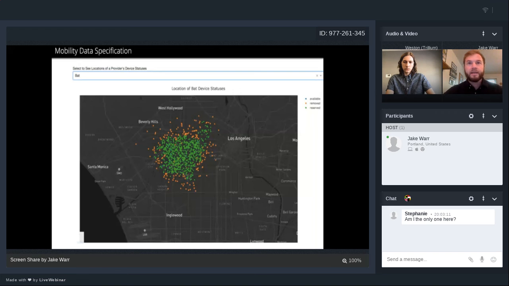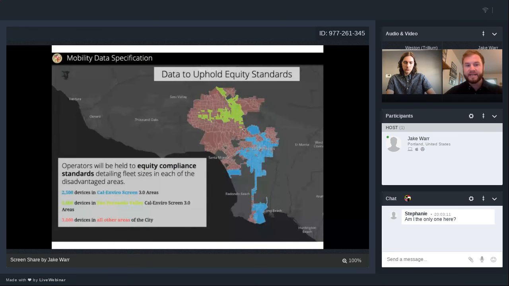An important point that I should make about MDS is agencies are also able to push information to MDS. So certain service areas, like I said, there are policy elements that they can push to MDS. So it can be a two-way communication street. Another example that the LA DOT does in leveraging MDS data is they combine it with their tool CalEnviroScreen to look at equity outcomes and to see with their providers of mobility services, are they complying with the requirements to serve certain areas based on different demographics, et cetera.